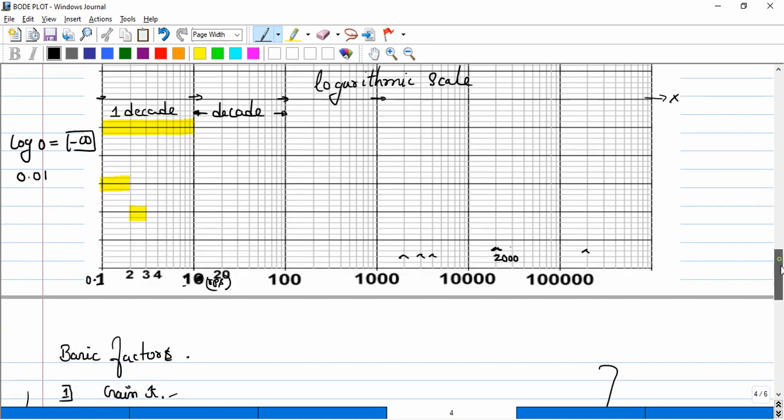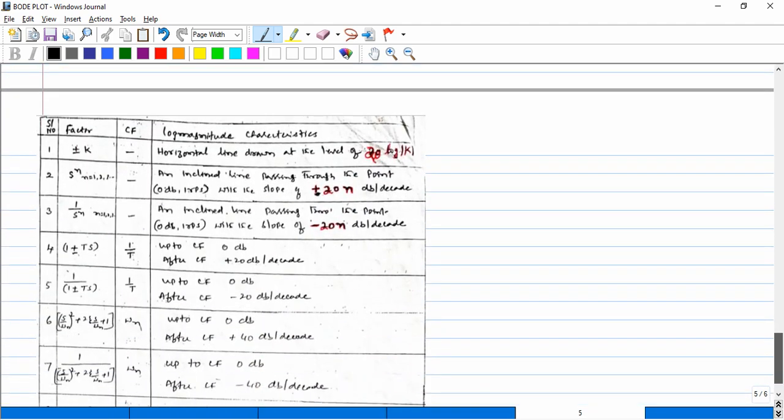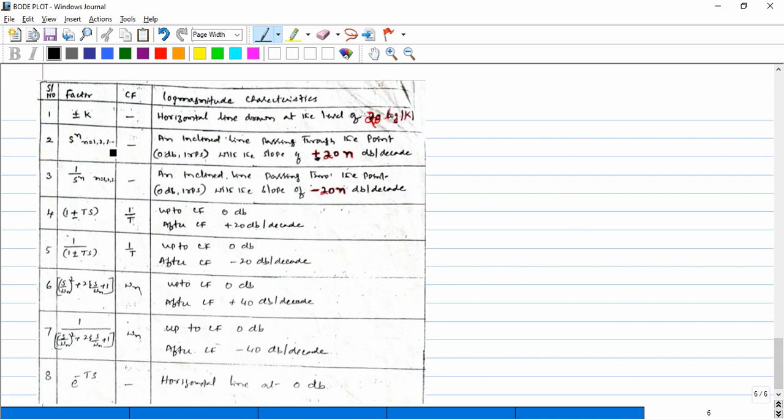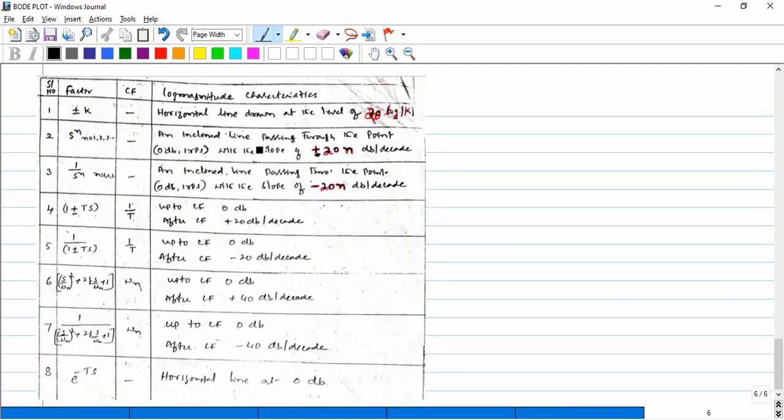Okay, so we need to draw an inclined line passing through the point. So you just remember this statement. While solving the problem, I will show how to draw this particular slope, that is plus 20 into n.